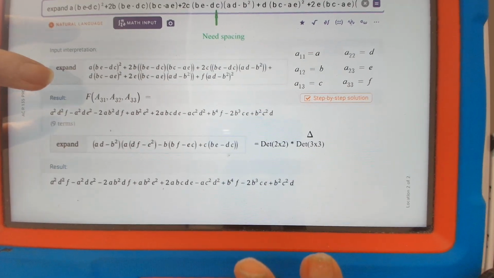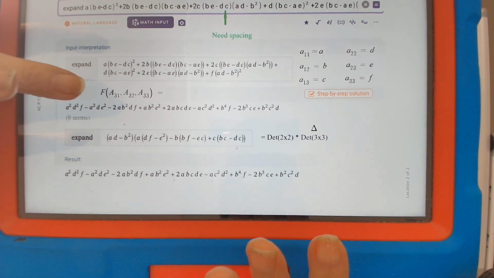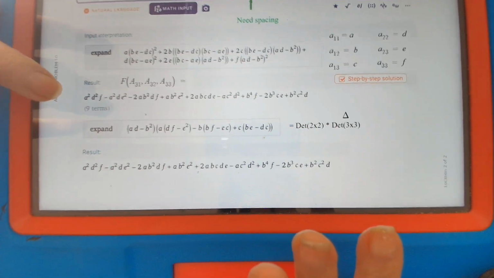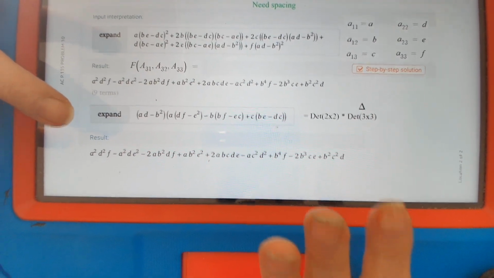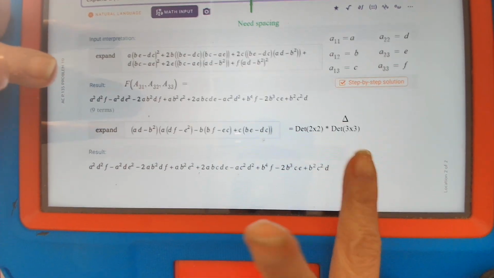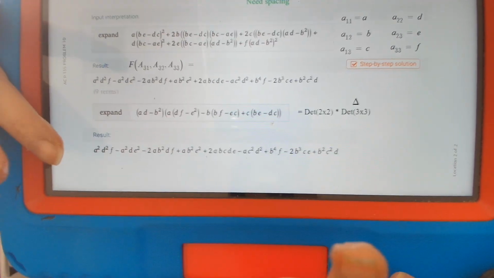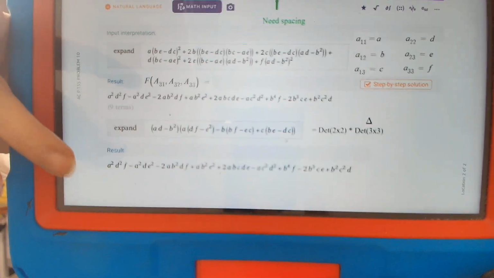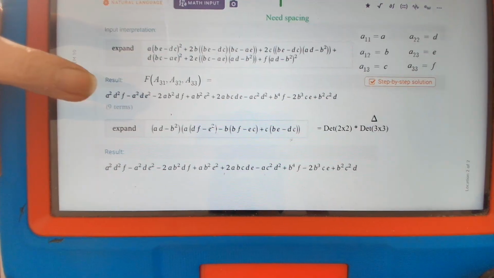It expanded this thing, which is F, again the big F, the positive definite, equal to this thing right here. Then I used the expand calculator again. This is the 2 determinant times the 3 determinant, which ends up being this. And when I expanded that, the calculator gave me this thing. And notice, they are exactly the same, term by term, identical in order.